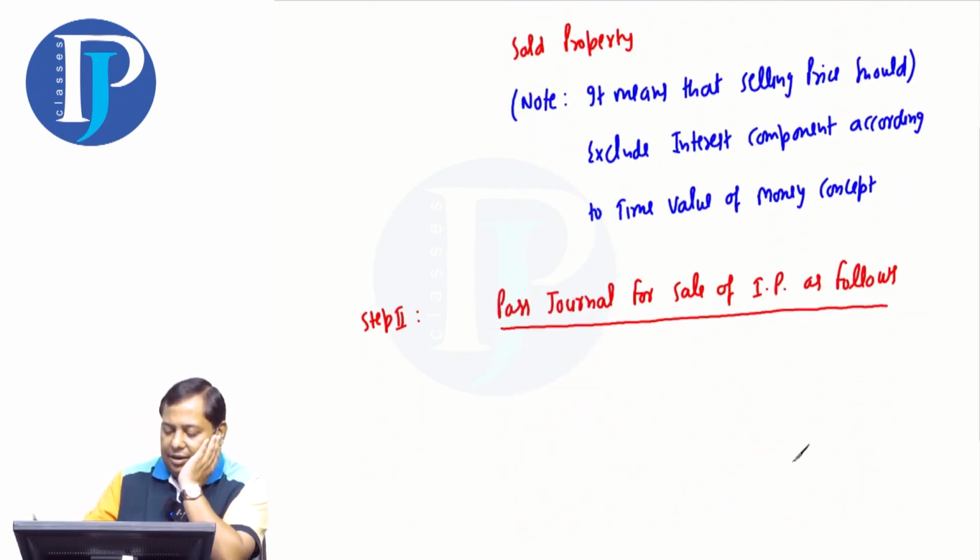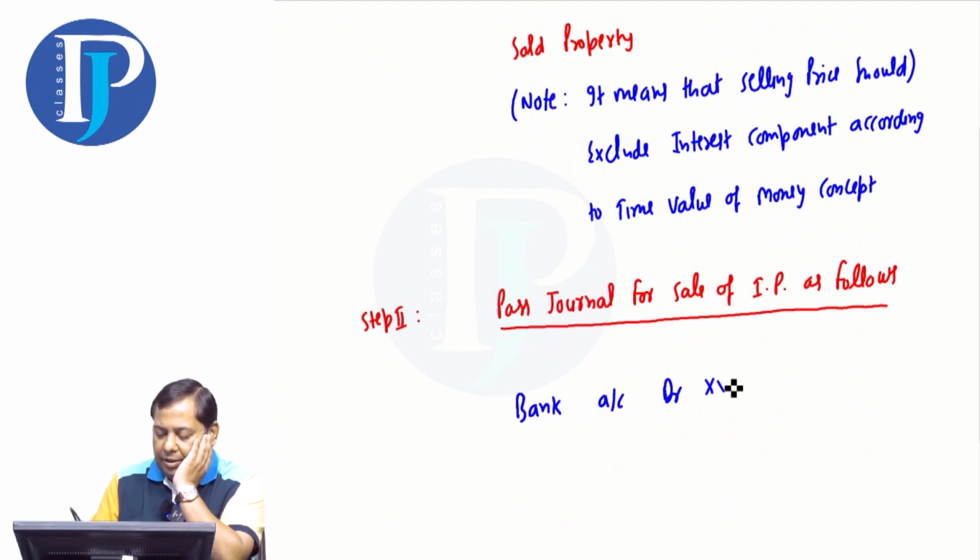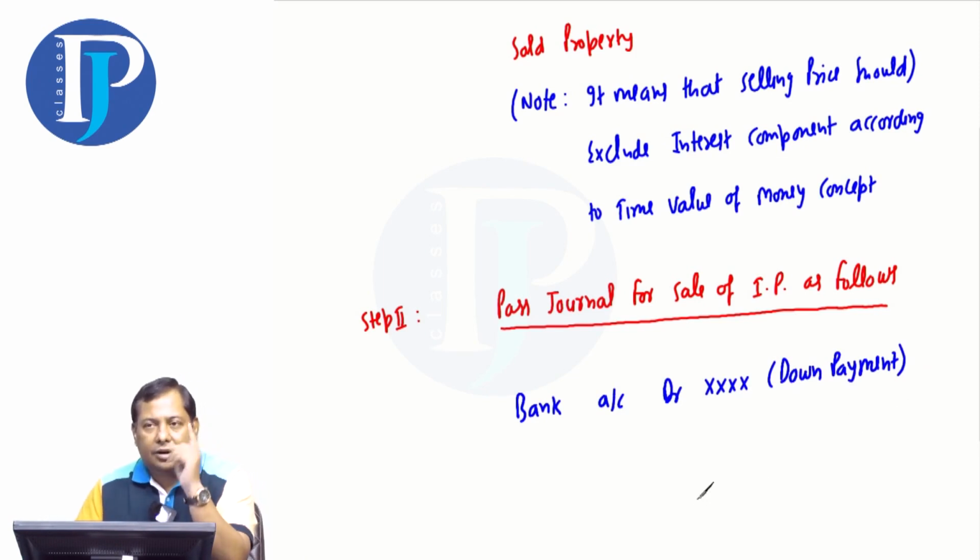How will the sale entry be done? It is very easy. Bank account debit. If you have received a down payment, you should record that immediately. The down payment is recorded here. Its value is 1.